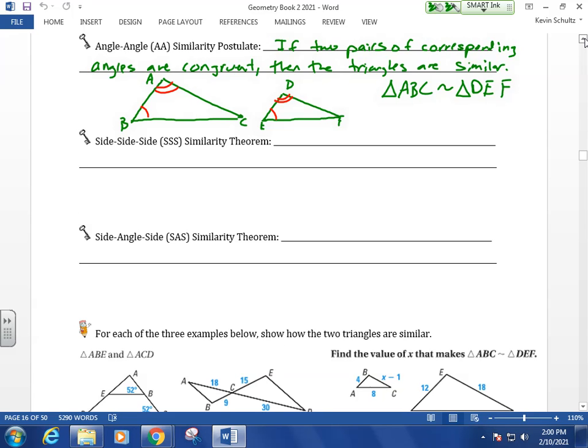The side-side-side similarity theorem states that if the three pairs of corresponding sides are proportional, then the triangles are similar.